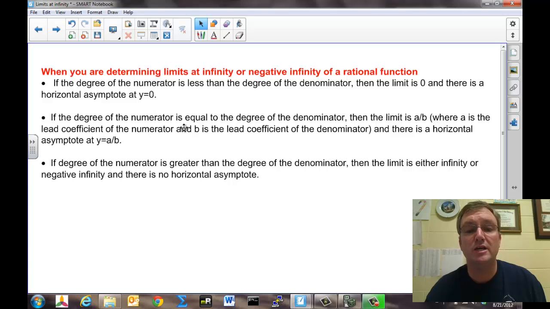If the degree is the same in both, then the limit is a over b, the lead coefficient over the lead coefficient, and that also means there's a horizontal asymptote there. And if the degree in the numerator is larger, then the limit is either infinity or negative infinity, and there's no horizontal asymptote. So those are three rules that you need to memorize as we move forward in solving these problems.